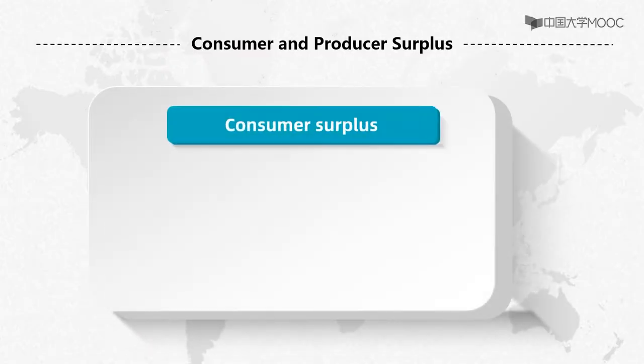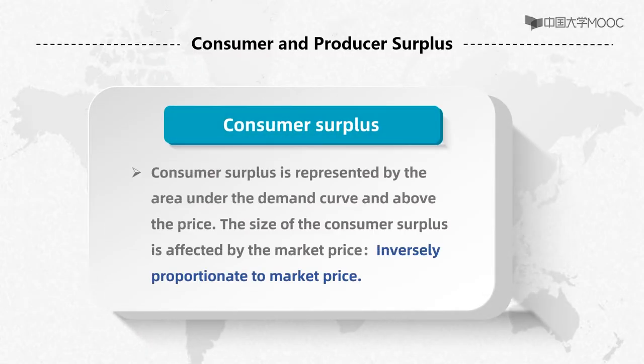For example, if a consumer would have been willing to pay $8 for a bushel of wheat, but the price is only $3, the consumer surplus gained by the purchase is $5. Consumer surplus is represented by the area under the demand curve and above the price.